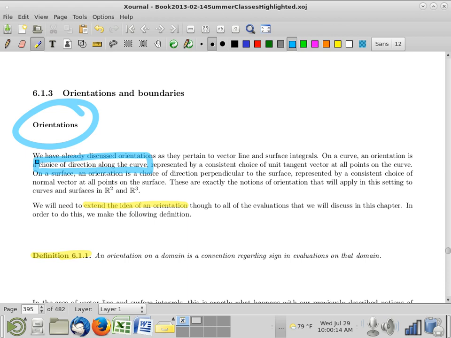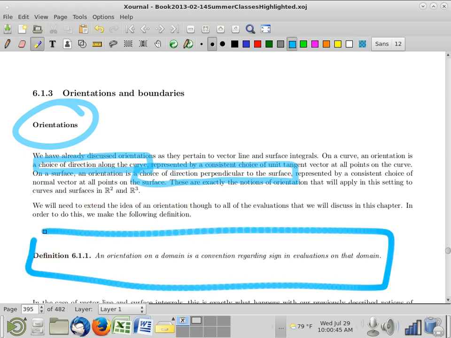Likewise, flux requires a choice of orientation. If you say how much fluid is flowing through the surface, do you mean in that direction or do you mean in this direction? Again, they're opposites. And the choice has to be made. So in both of these cases that we've seen, an orientation was a convention.